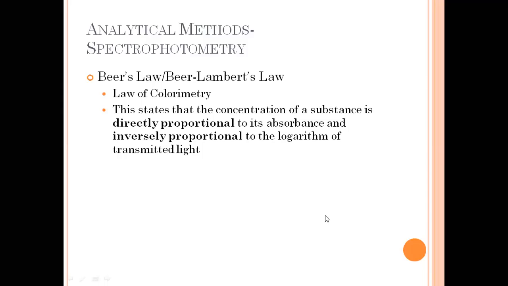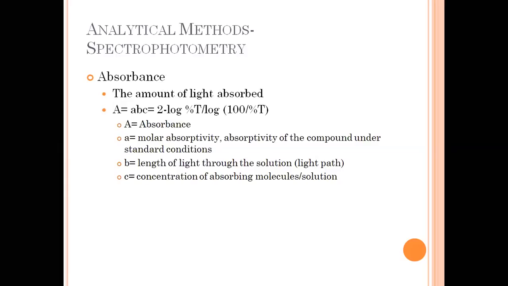So in short, this Beer's law or the Beer-Lambert's law only states that there is an indirect relationship between the concentration and the absorbance. The relationship between concentration and absorbance.